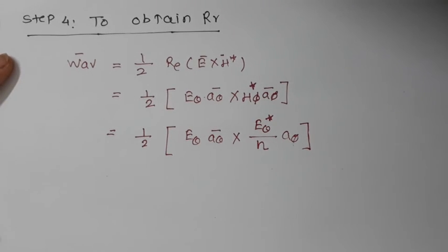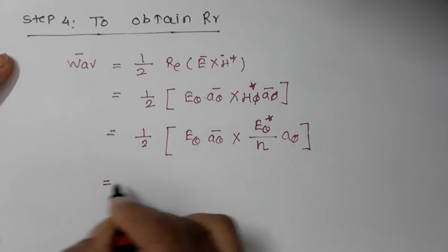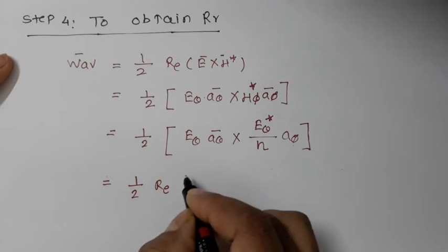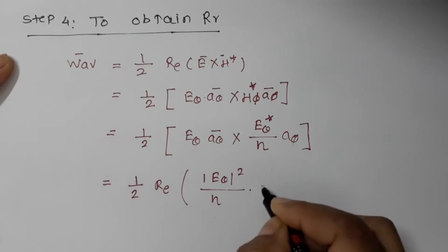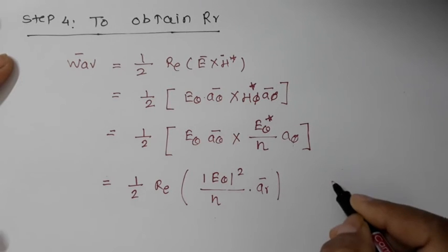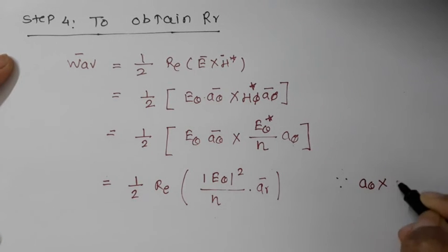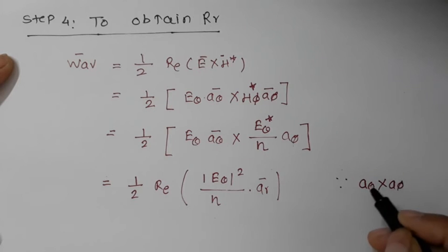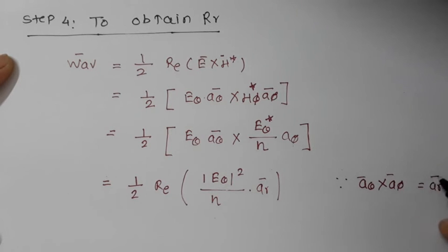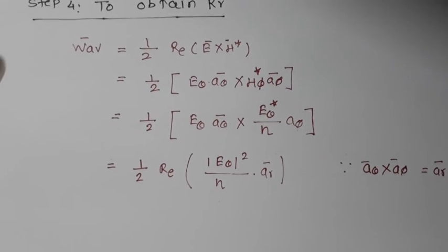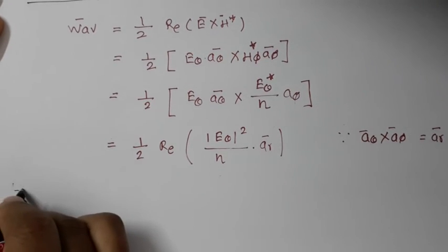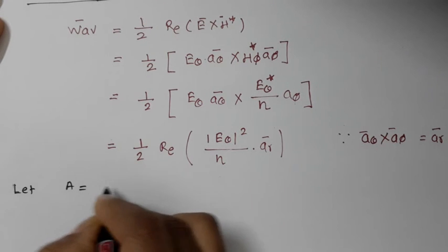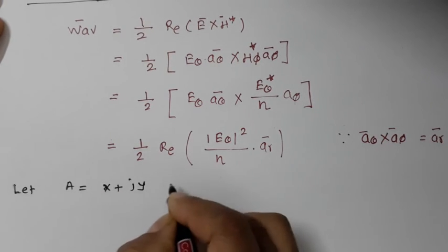So solving it further, I'll get 1/2 real of E theta square over eta into a r, as we know that a theta cross a phi results in a r. So we have put those things over there. Now to solve this particular equation further, let A be equal to X plus jY.